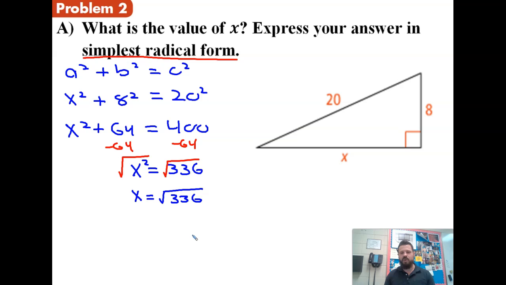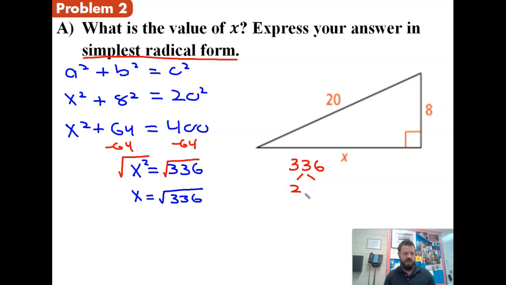Okay, to do that, what I'm going to need to do is break 336 down into a prime factorization. Okay, I want to break it down into its prime factors. And I can do that with a factor tree. Now 336 is even, so I know it's divisible by 2. I'm just going to divide it by 2 right off the bat.